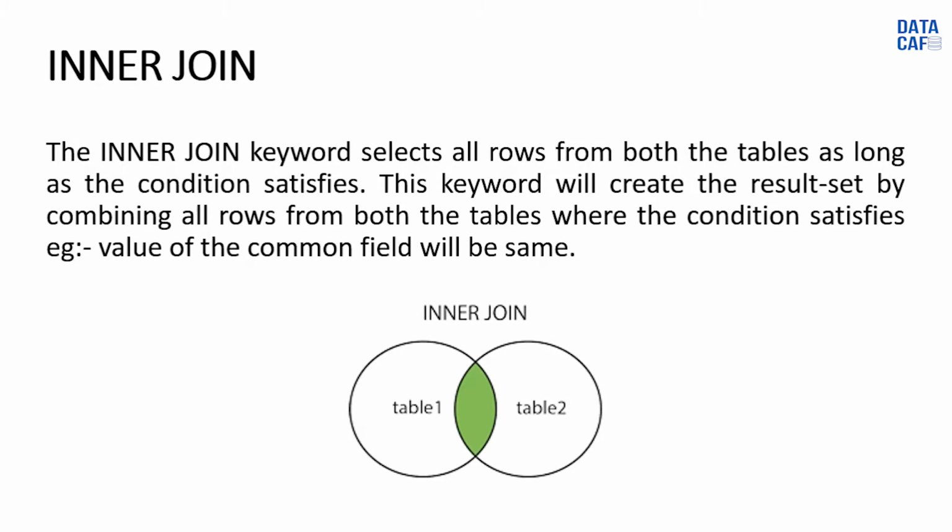According to the Venn diagram you can see the inner join. With the inner join I have used two tables, table 1 and table 2. You can see in the middle there is an intersection, which means the matching records between table 1 and table 2 will be retrieved when we are using the inner join. So that is the inner join.